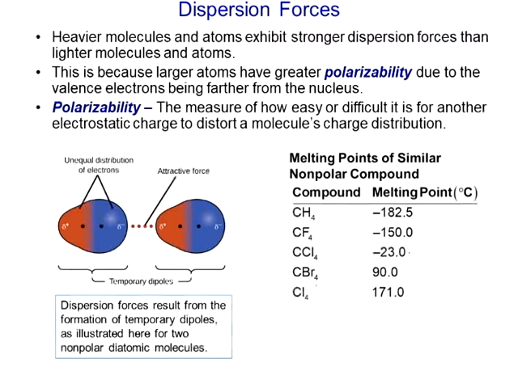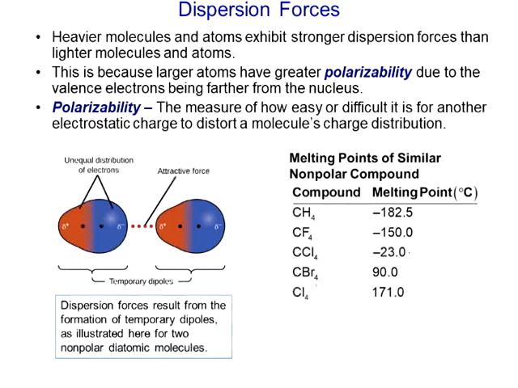In other words, the larger the atom is, the further down the periodic table the atom is, the larger the n value is, it tends to be more polarizable. In other words, there is a higher degree of separation between the partial positive and the partial negative charge. Okay?